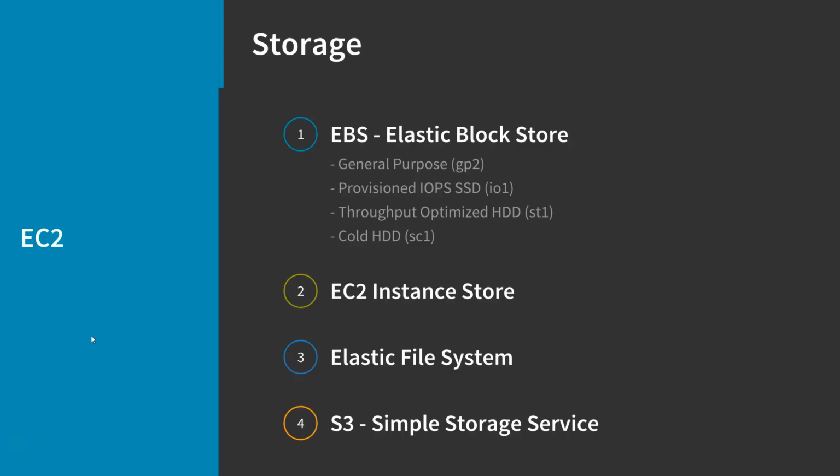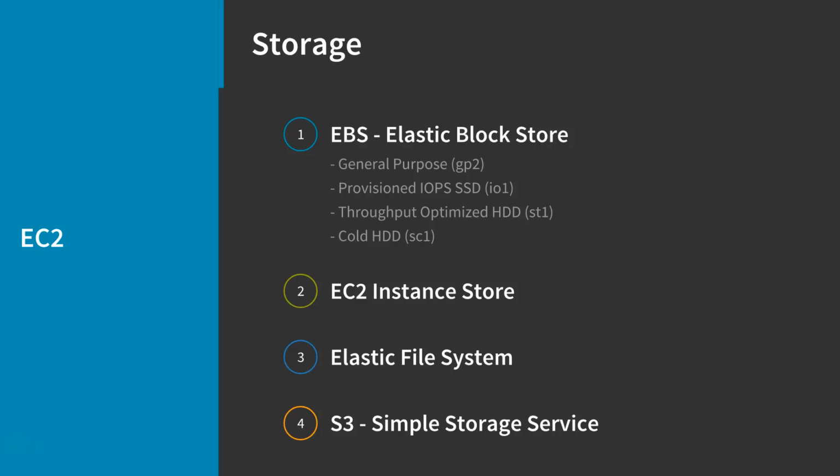For the next storage type, we have EC2 Instance Store. We've already been over this just a little bit, but to touch on it again, an Instance Store is ephemeral, temporary block-level storage for your instance. This storage is located on disks that are physically attached to the host computer.